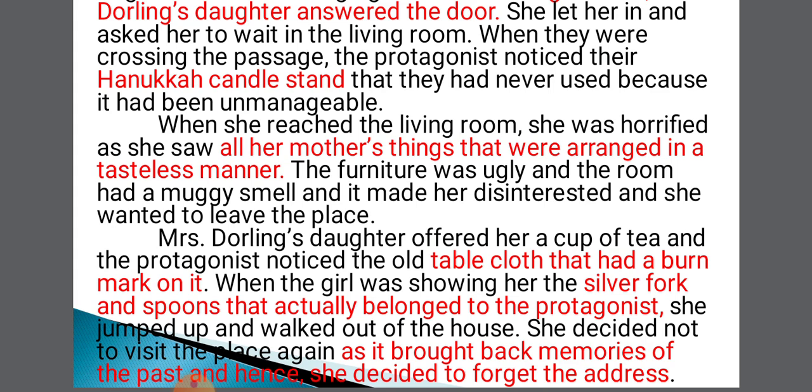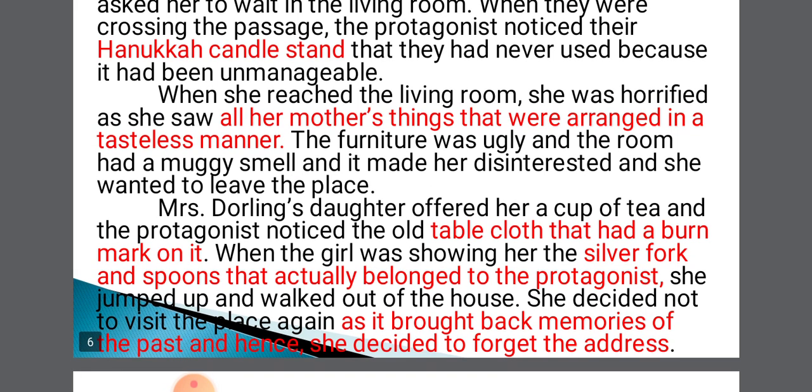When she reached the living room, she was horrified as she saw all her mother's things arranged in a tasteless manner. The furniture was ugly and the room had a muggy smell, and it made her disinterested and she wanted to leave the place.